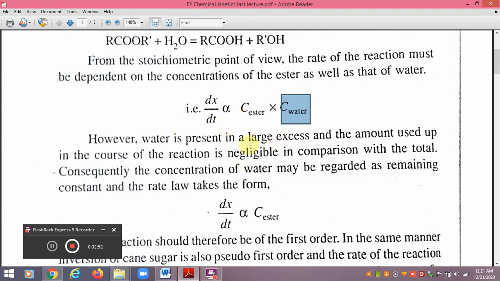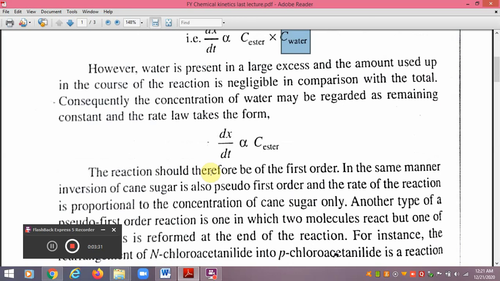But in practice it is found that in the reaction, water is present in large excess, and hence the amount used up in the course of reaction is very negligible. It means the change in concentration of water during the reaction is negligible compared with its total concentration, and hence the concentration of water is considered constant.